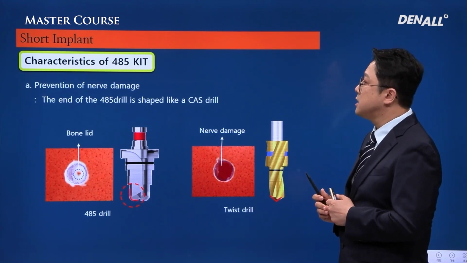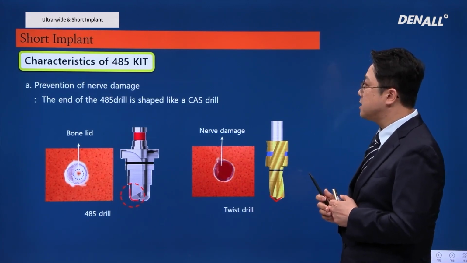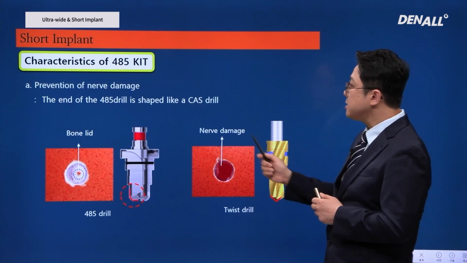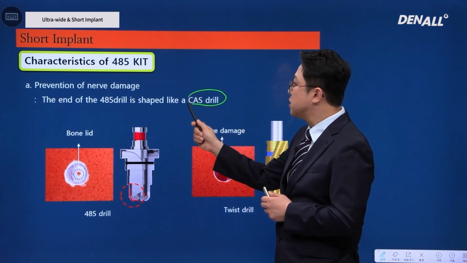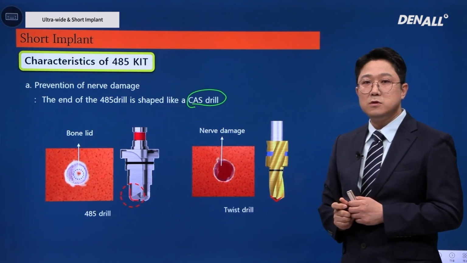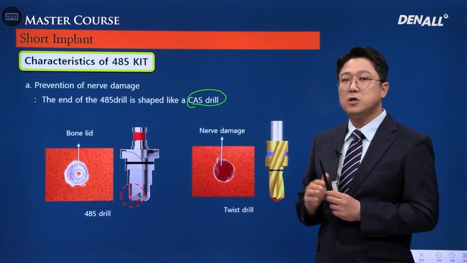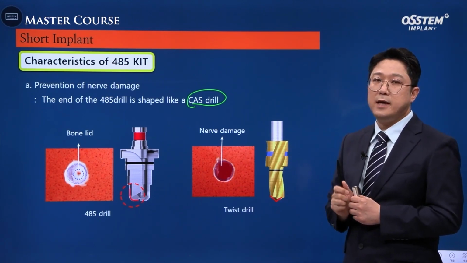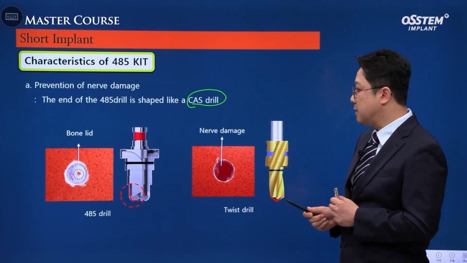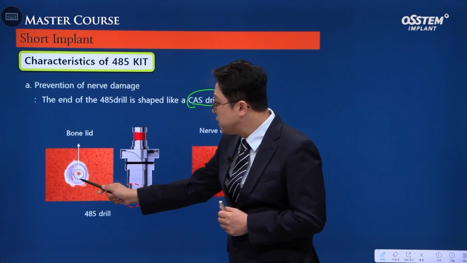The benefit of the drill within this kit is that it is similar to the casket drill. Because of the bone lid, even if we penetrate this inferior margin of the sinus floor, the sinus membrane is not damaged.